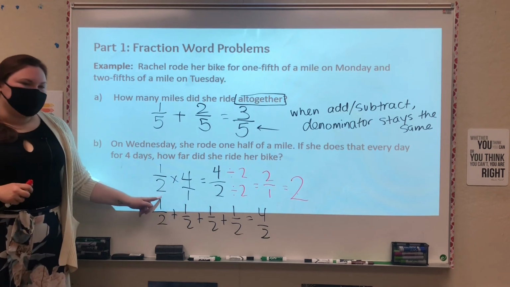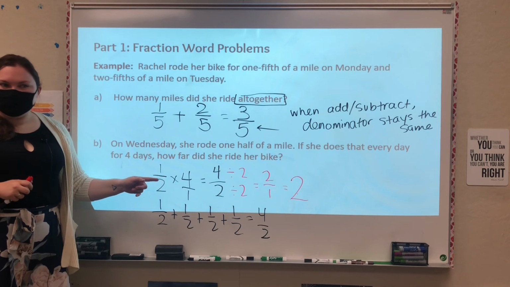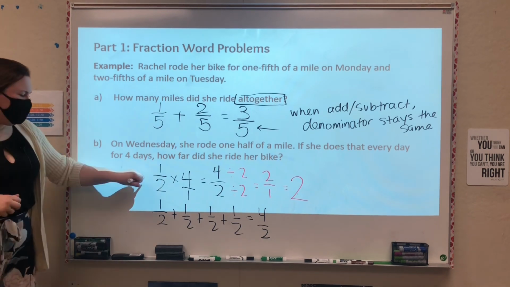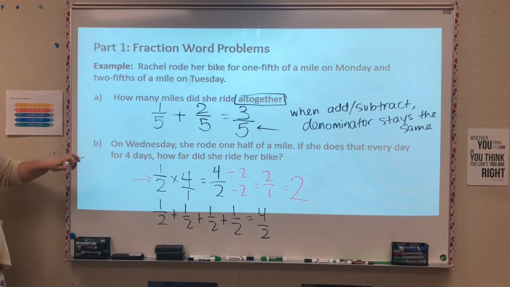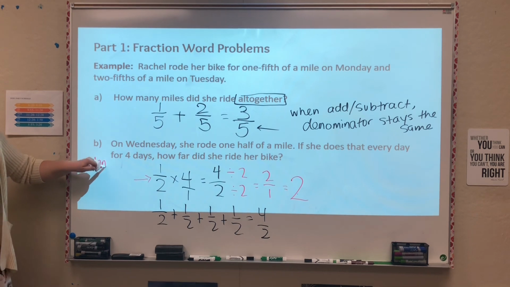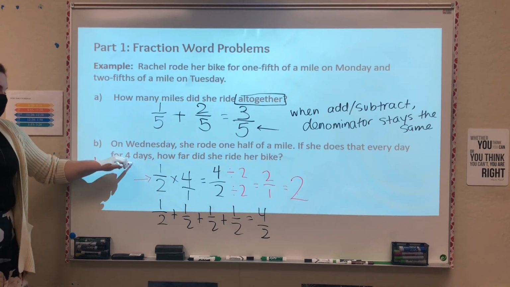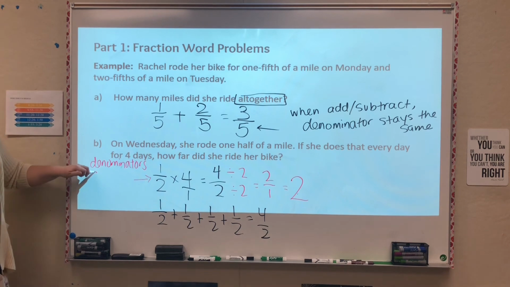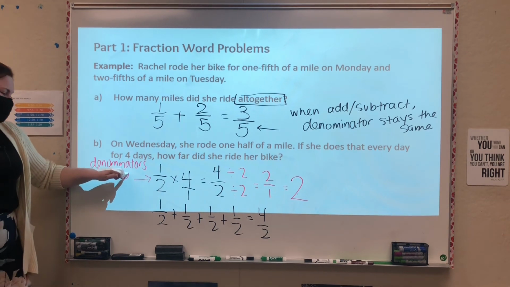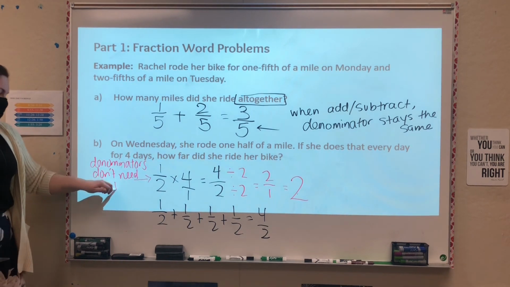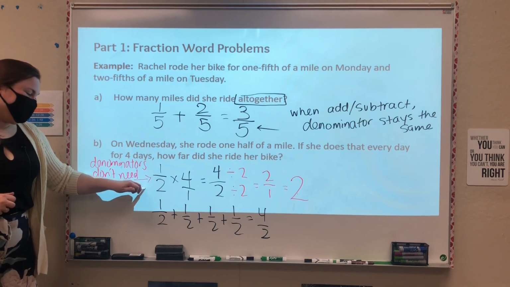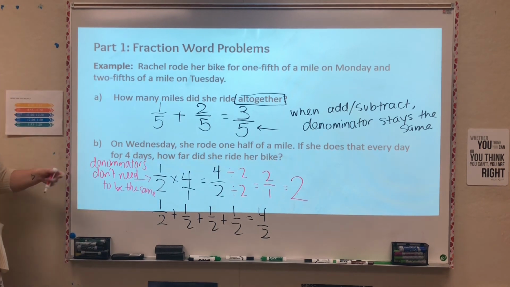In order to multiply, did we need to make those denominators the same? No. So you could write a note for yourself: the denominators don't need to be the same.